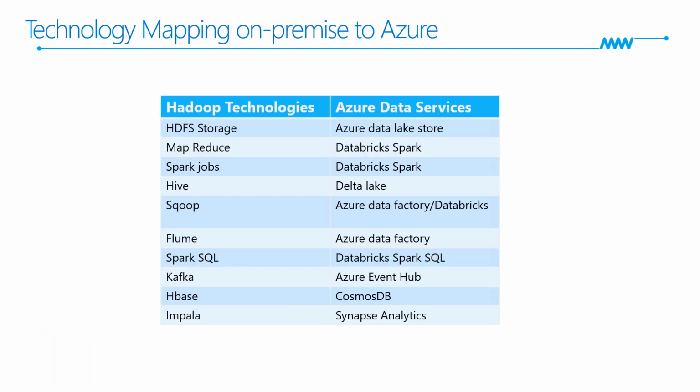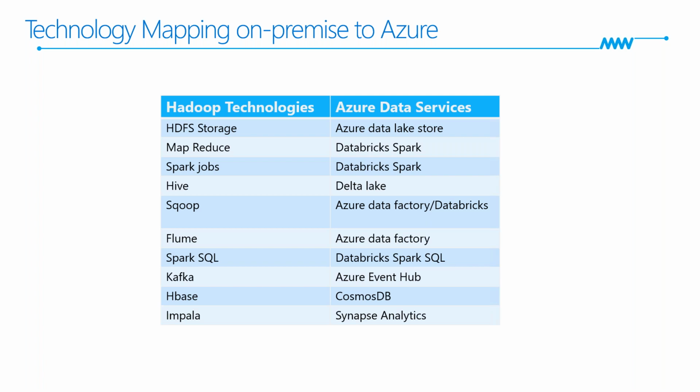So to summarize everything and give you the perspective of how these Hadoop workloads are going to be migrated to Azure, here is a snapshot of the technology comparison. All your HDFS data storage is going to move into Azure Data Lake. Your MapReduce jobs will go into Azure Databricks.